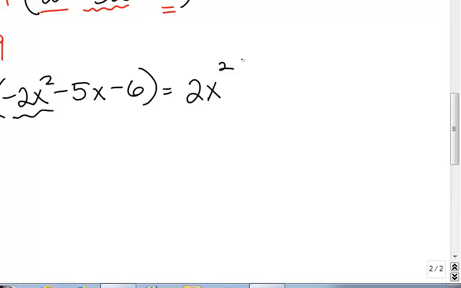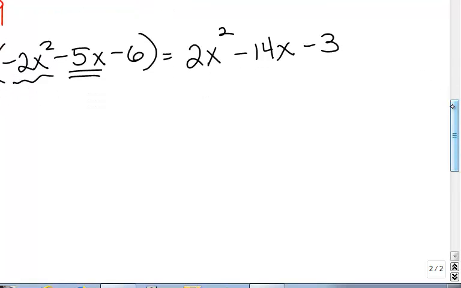When you're adding or subtracting, keep the exponents the same. And then combine this one. Minus 14x, and then minus 3. So if you're adding, basically it's just a matter of being very careful with your signs.